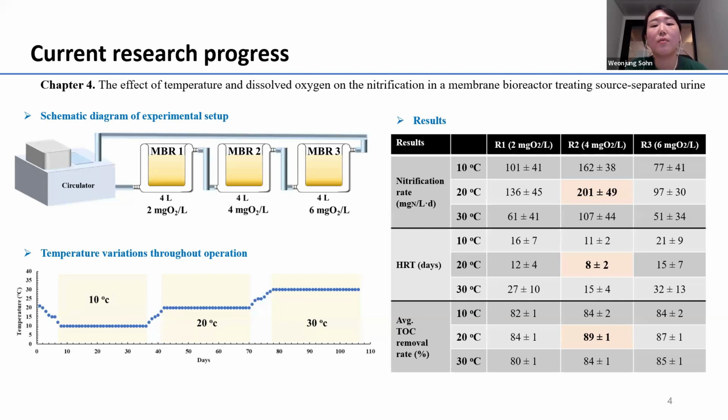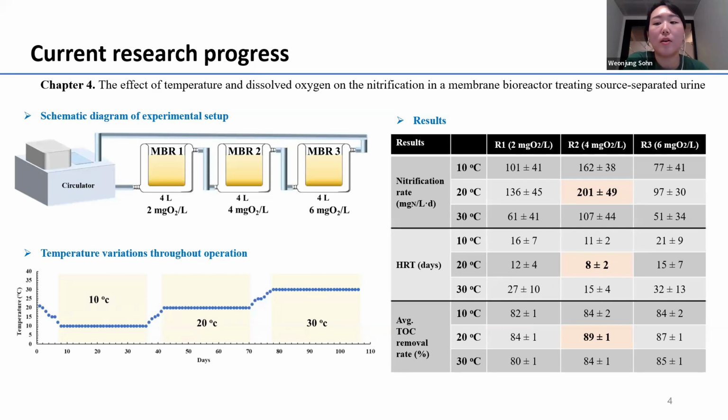So if nitrite accumulated at 30 degrees, and then I decrease to 10 degrees, it will definitely affect the system because of the different concentrations of nitrogen species. But if it's in stable operation, even at 30 degrees, then temperature variation will not affect the system. I mean, it will go back to the nitrification rate of 10 degrees, I believe.